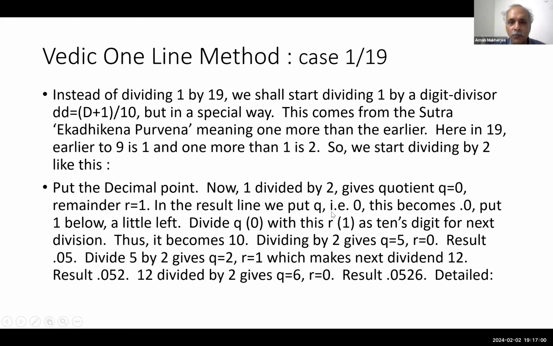In the result line, we write Q like this: 0 we write, and 1 below, a little left, a little smaller.